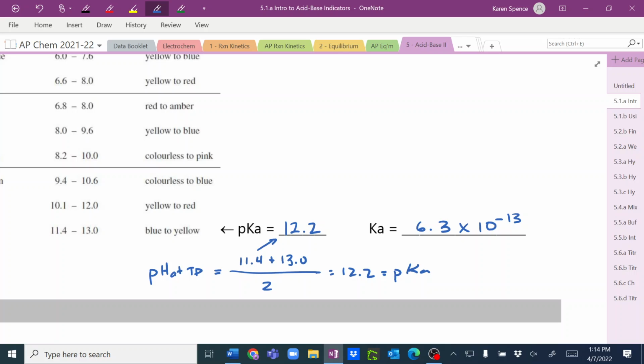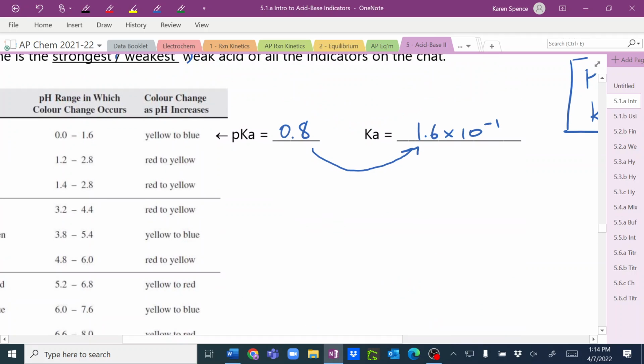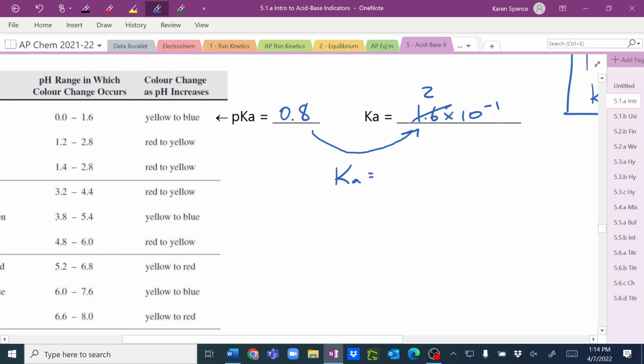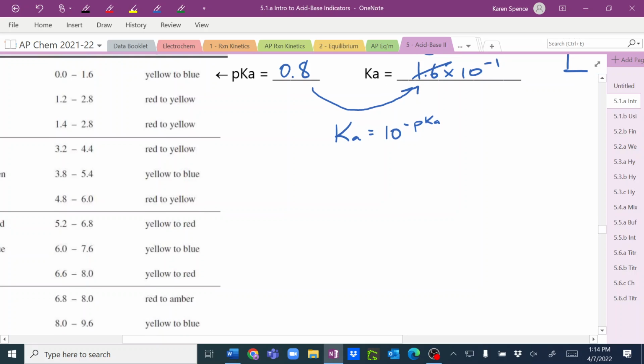No, what's wrong with it? Should be 1 sig fig. Yeah, 6 times 10 to the negative 13. Is that good? What? Oh yeah, this should just be 2 times 10 to the minus 1. You're absolutely correct. Yeah. Okie dokie.